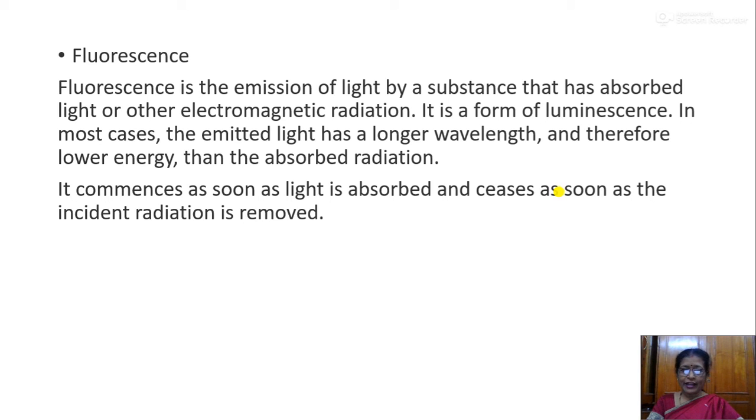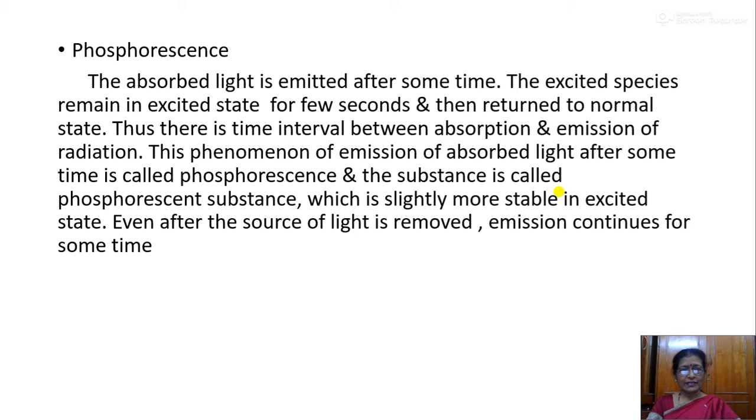It commences as soon as light is absorbed and ceases as soon as the incident radiation is removed. That is, the light emission takes place by the absorption of the photon and it ceases when you remove the radiation. This is fluorescence.